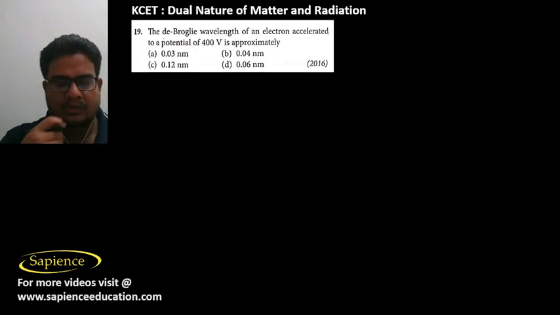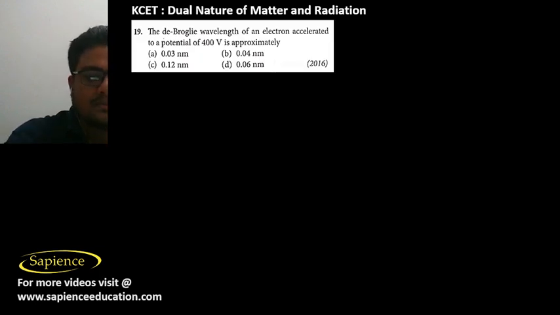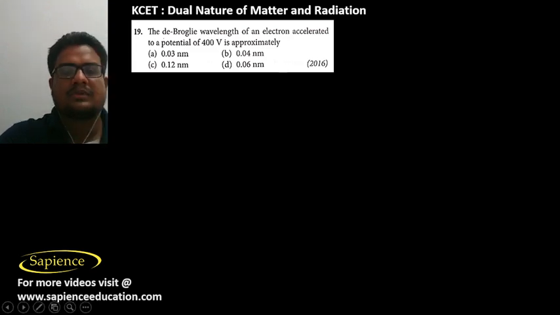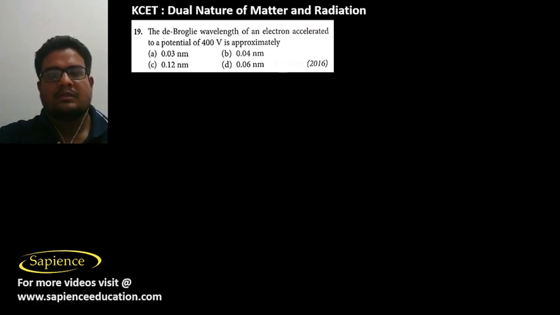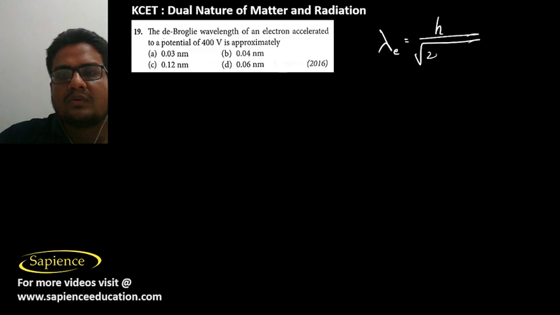Then in question number 19 it is told: the de Broglie wavelength of an electron accelerated through a potential of 400 volts is approximately. The de Broglie wavelength of the electron is given as h by root over 2m into e into V, where V is the potential difference through which the electron has been accelerated.